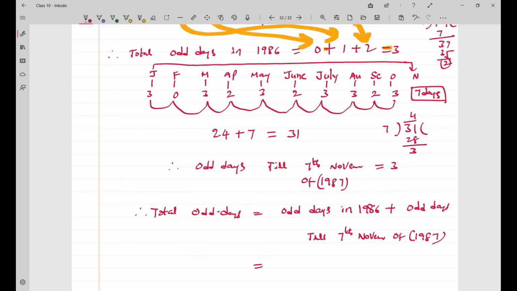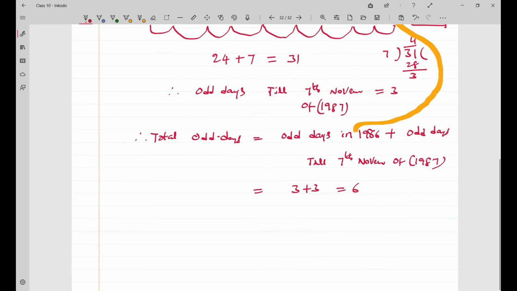Previously I got 3 odd days in 1986, that's why I am writing here 3. 3 plus 3, that is equal to 6. What is the code of 6? That is Saturday, that we have already discussed. Therefore the required day of 7th November 1987 is Saturday.